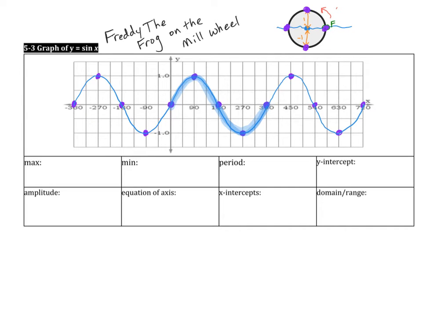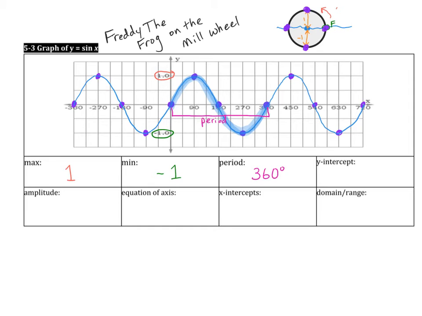So a couple of properties that you want to remember is the maximum is at 1. So that's the maximum up here. And the minimum is at -1. The period is the length of one cycle. So the period is 360 degrees.